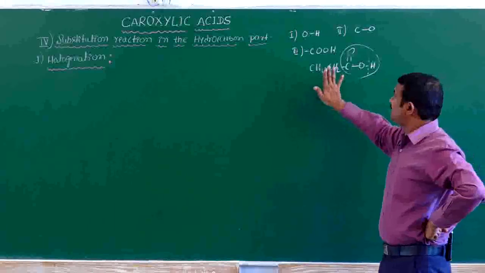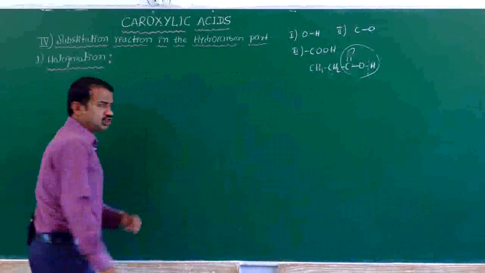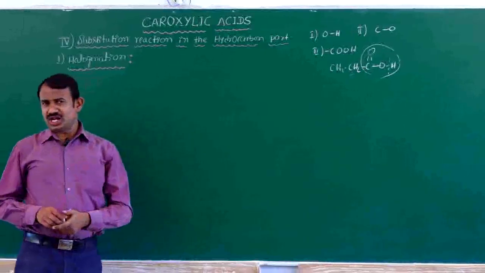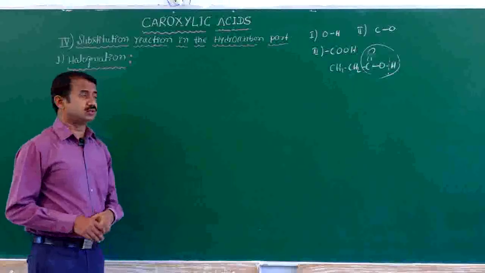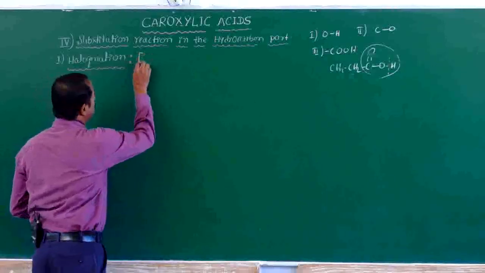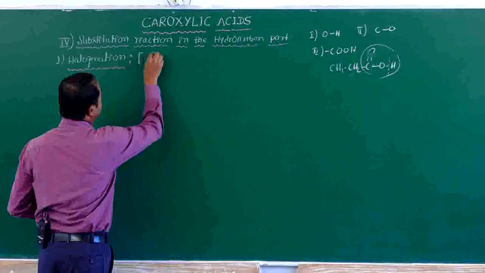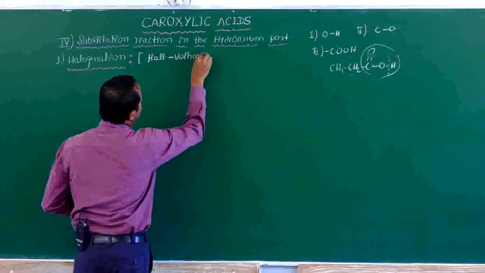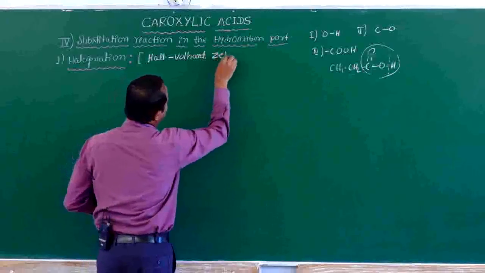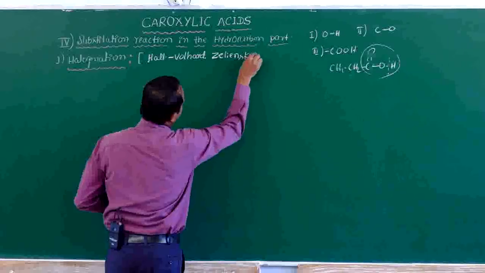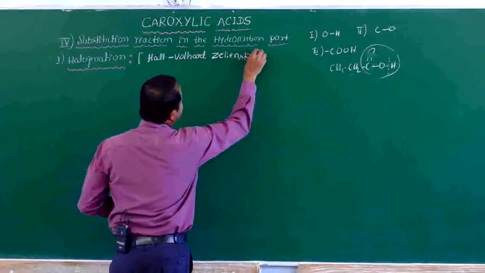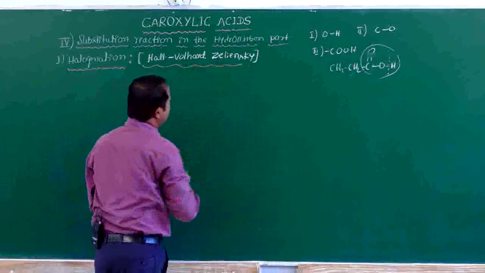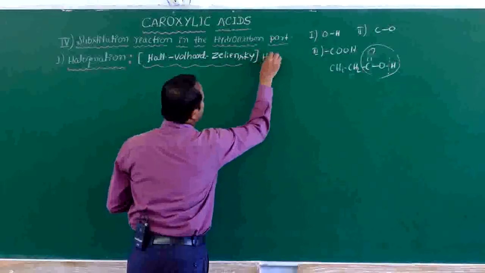Okay, the first one is halogenation. The halogenation reaction affects the alpha position, that is called one of the name reactions, the Hell-Vollhard-Zelinsky reaction. Okay, this is one of the name reactions. The name reaction is called HVZ reaction.